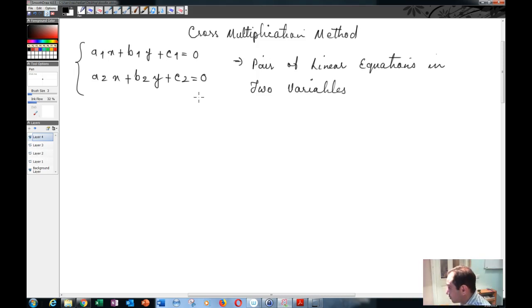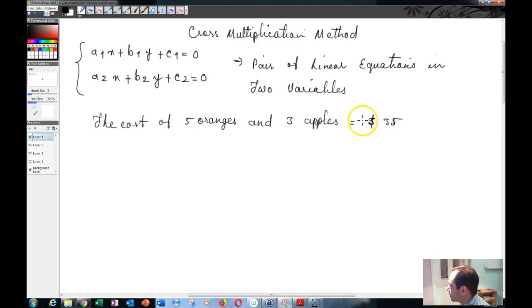Let's say that the cost of 5 oranges and 3 apples is, I don't know, $35, and also the cost of 2 oranges and 4 apples is $28.